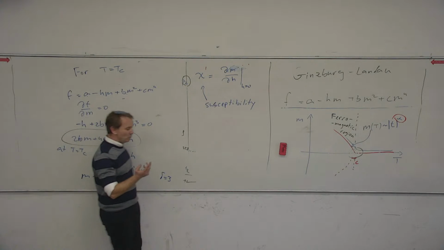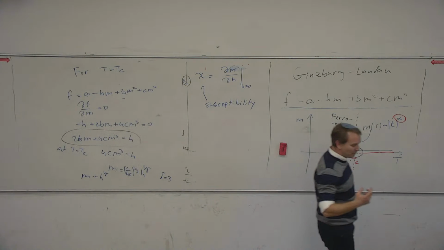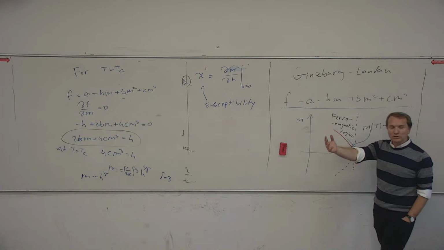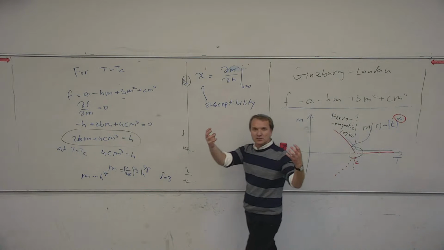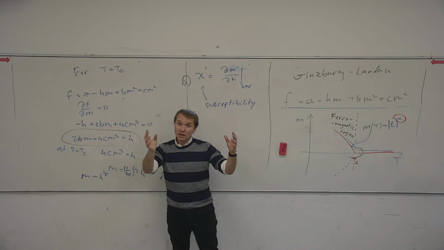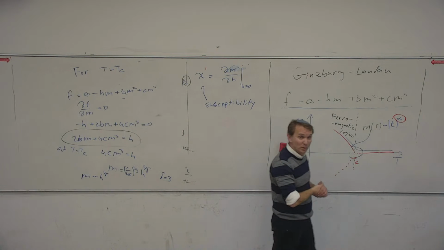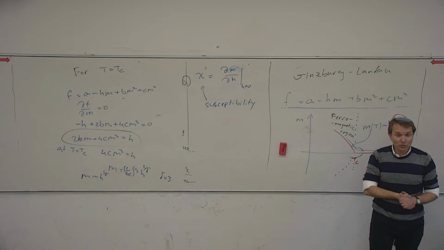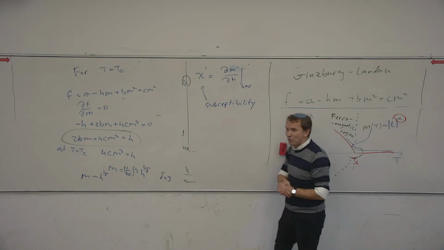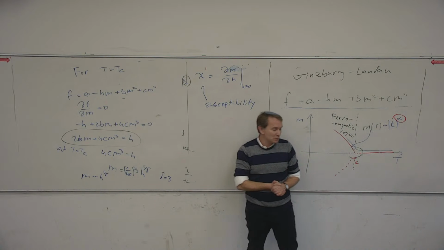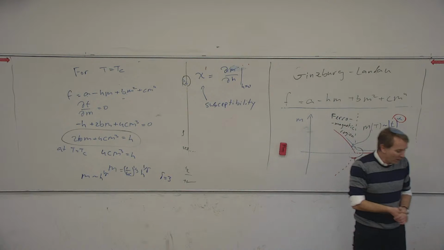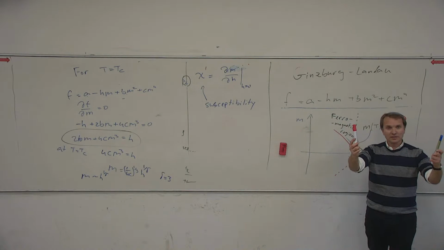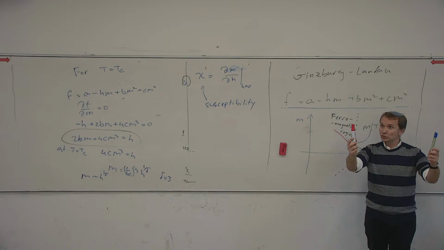Think about what I'm telling you as the following. You're used to what? Any two objects attract each other with a force which is proportional to the distance between them to the power -2. Why is that? Why won't this marker and that marker attract each other with some other force?